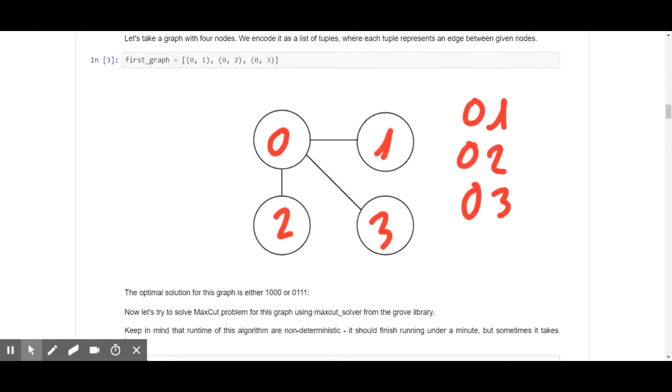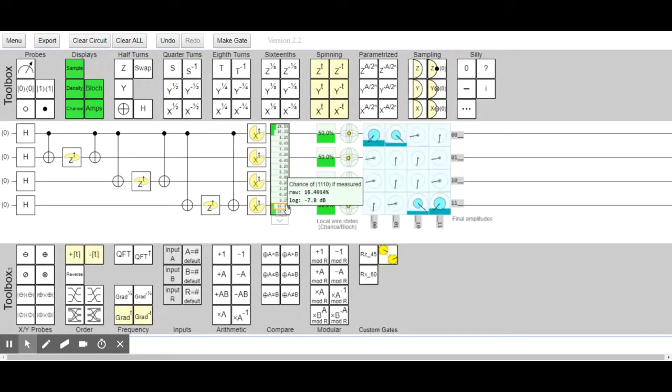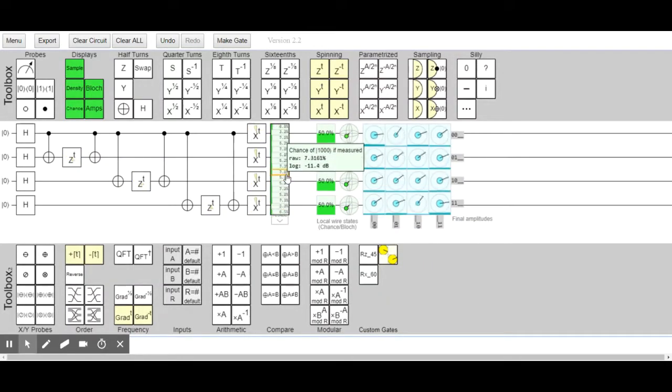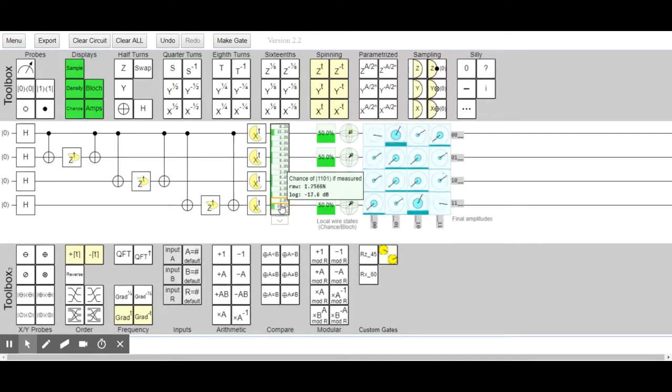Because the solutions here are 1, 0, 0, 0, and 0, and 0 and all ones. So we're looking for this one and this one. But there's no setup where they are the most probable.